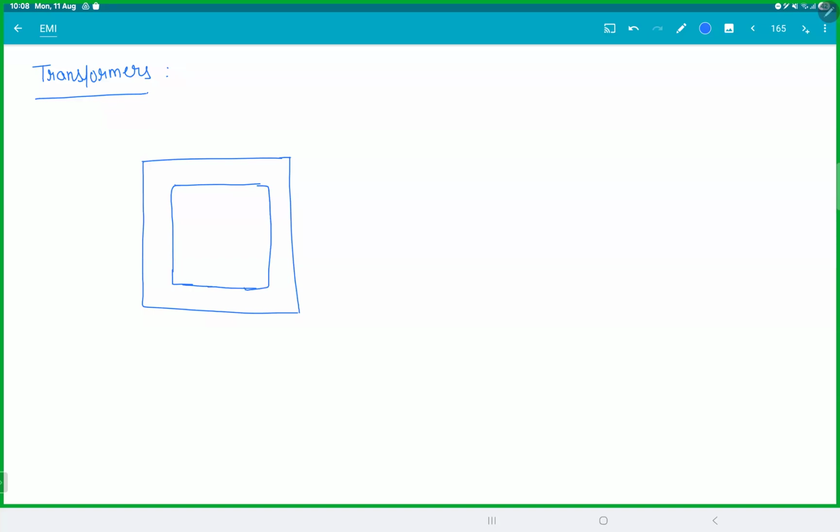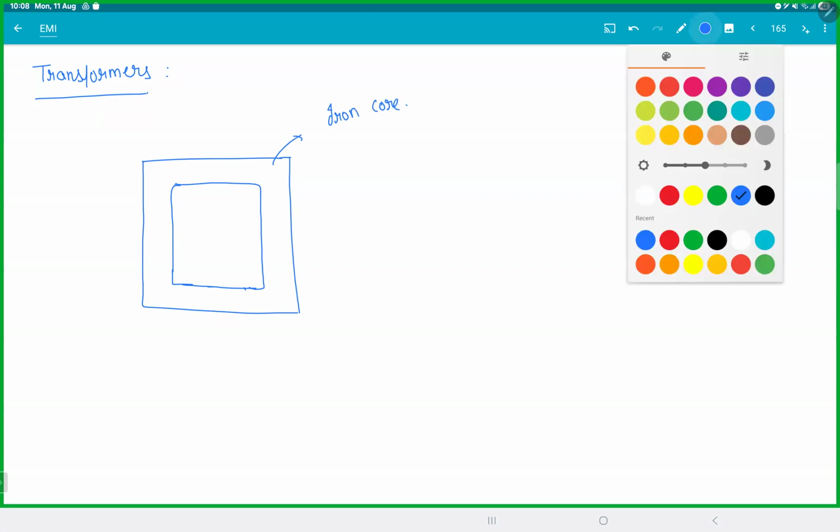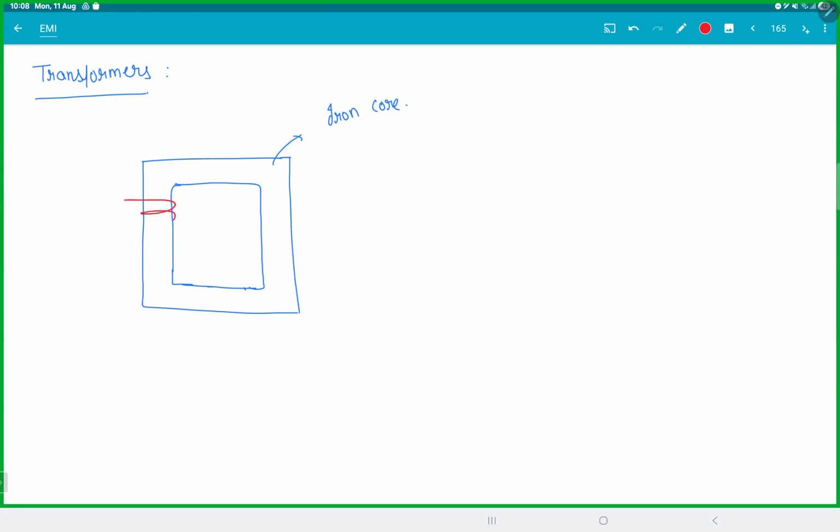So we have an iron core. So we have a winding here, one side. Let this be N1 turns. Let the current be I1 and let the voltage be V1. Let this be I2, let the voltage be V2, and let this be N2 turns.